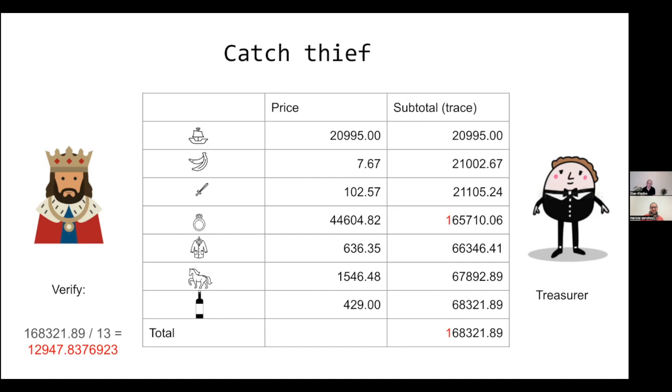The king could counteract the treasurer by taking a larger number, like 23 instead of 13. Essentially the entire explosion of mathematical papers since 2010 is about how to improve things. The real thing has the same principles, but is secure not only for humans but also for computers. The essence, the principles, are the same.